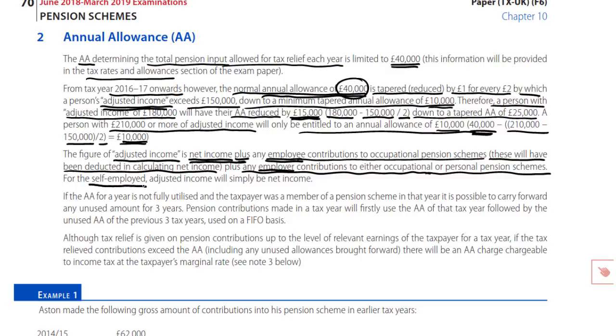So if you're self-employed, an unincorporated trader, well, life is a whole lot easier because your adjusted income will simply be net income. Now, in real life, there's actually another limit that applies here, but that's not within the syllabus, so you don't need to know about it. So although in some of the exercises, depending on what numbers they give you, technically it might not be quite the right answer, they probably will limit their numbers to those that would give you the right technical answer, but it doesn't matter.